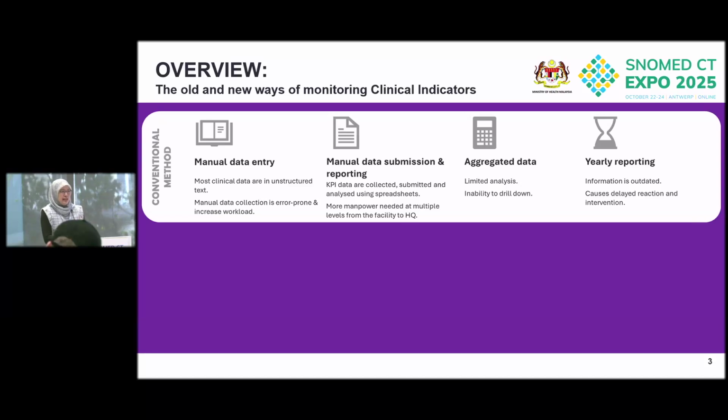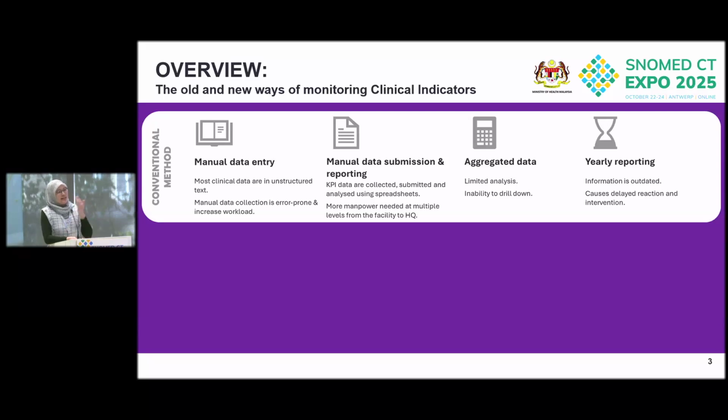So conventionally, when we want to monitor a KPI, let's say next year, we're going to start to monitor this indicator, a complication of a procedure. Usually the people at the hospitals would have to collect the data daily, monthly, probably in a book last time, but now it's more like Google Sheets, right? It's just a translation of the way of capturing the data.